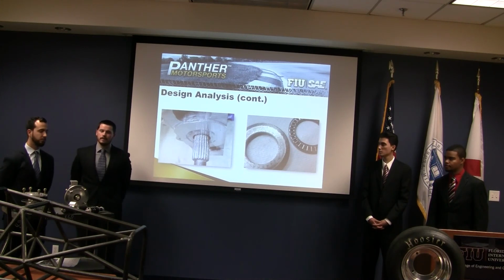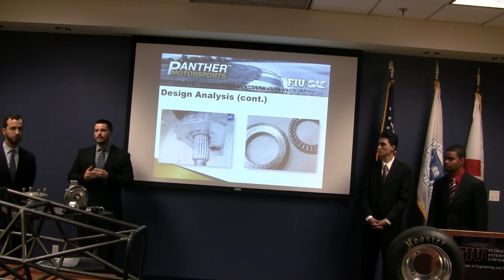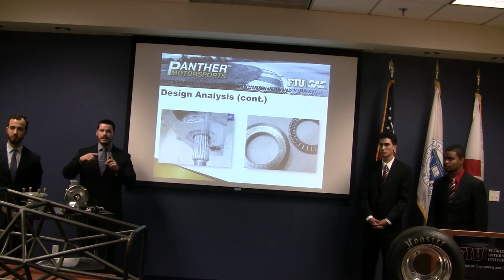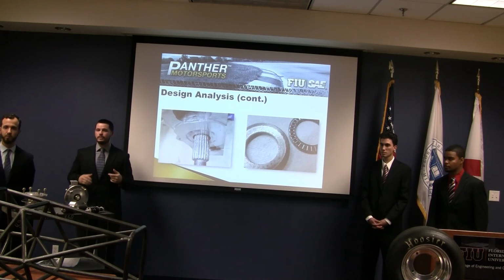Right, so the Formula SAE competition requires a team member to weld the frame. You can't outsource that. With that being said, the team must bring 2 test welds to competition each year, one at a 90-degree and one at about a 30-degree inside angle, and they test them. If those welds do break, then you will not qualify for dynamic events.